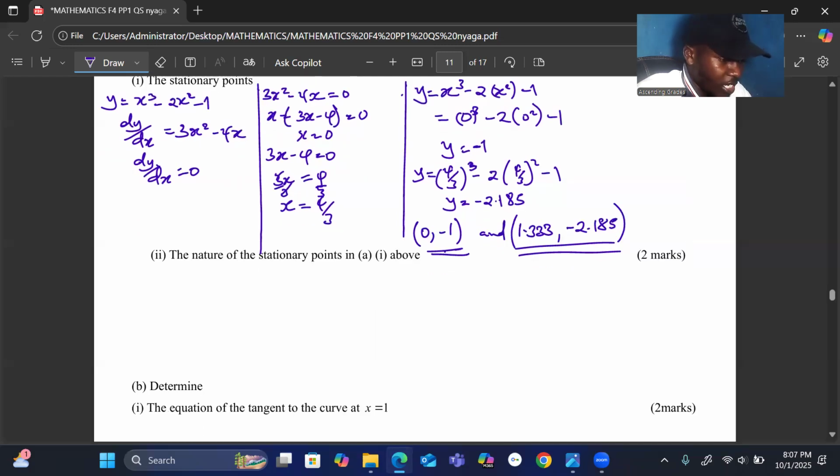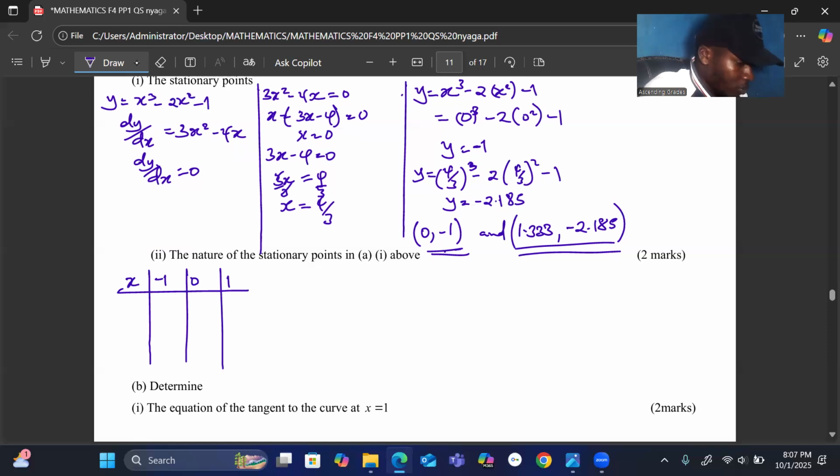Then the nature of the stationary points in A above. So we have to determine the nature using x values of -1, 0, then 1. We have dy/dx and its representation.